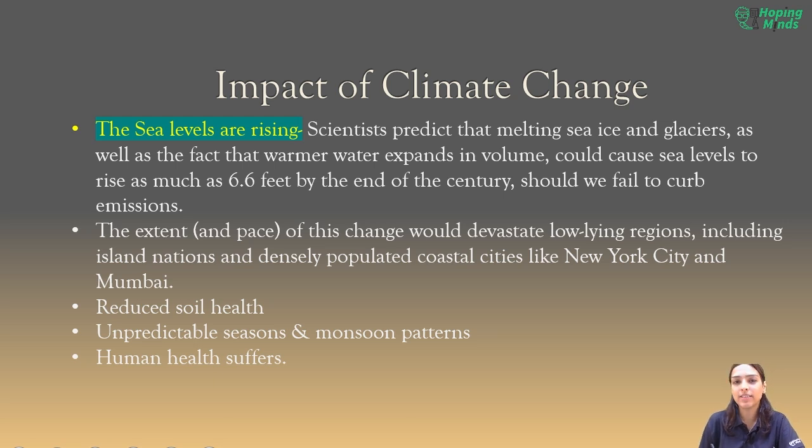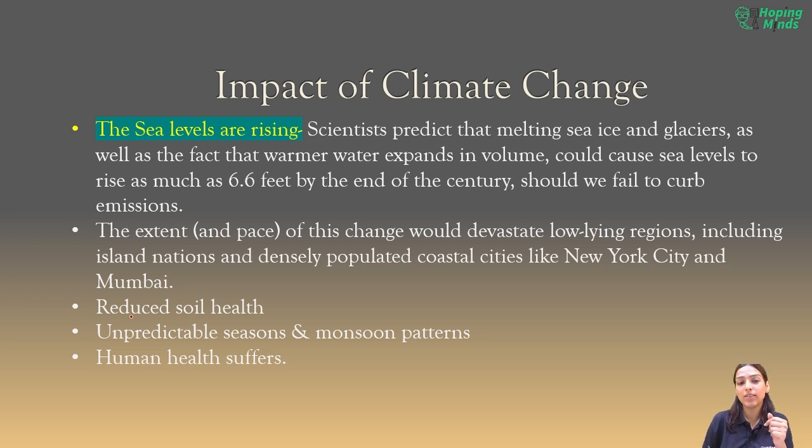Sea levels are rising. Scientists predict that melting sea ice and glaciers, as well as the fact that warmer water expands in volume, will cause this. The ice that was existing in the form of glaciers, when it melts, the volume is going to increase. And when the volume increases, the sea levels are going to rise. The extent of this change is going to devastate low-lying regions, including island nations and cities like New York City, like our Mumbai.